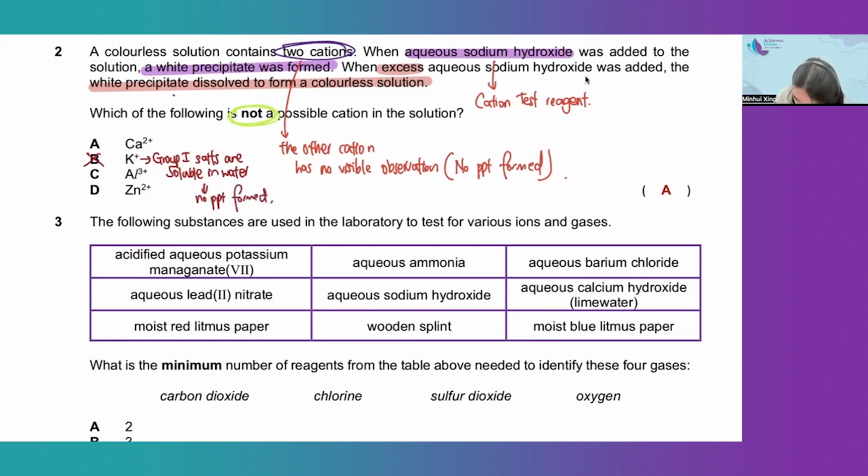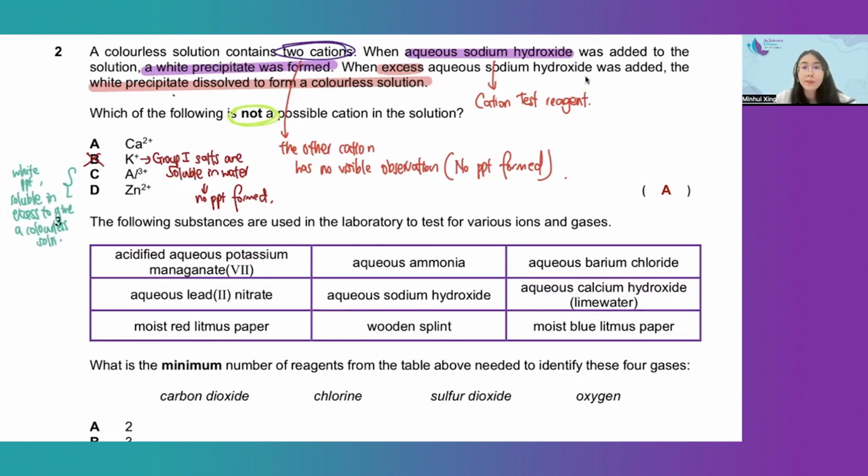We also can eliminate option C and D because zinc 2 plus, aluminium 3 plus, and lead 2 plus, they all form a white PPT when aqueous sodium hydroxide was added to the solution, and in excess aqueous sodium hydroxide, this white PPT will dissolve to give a colorless solution.